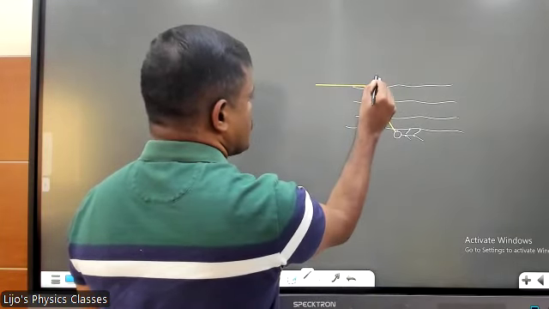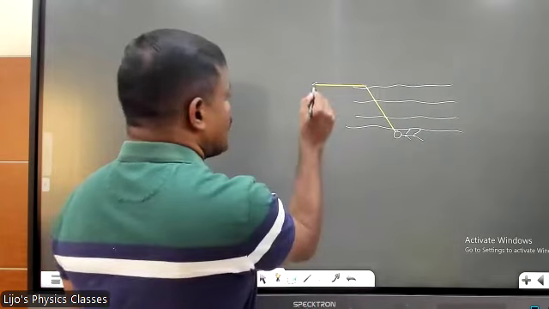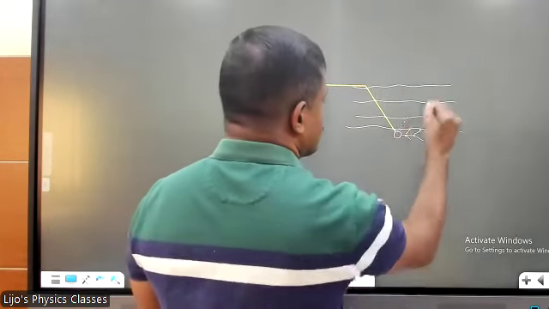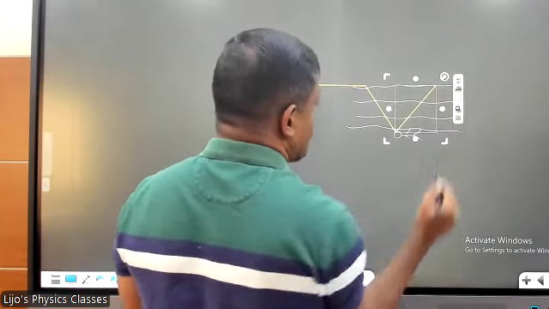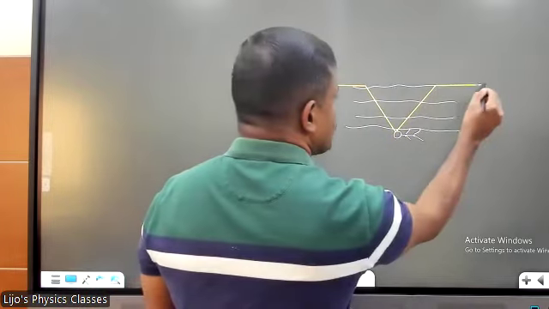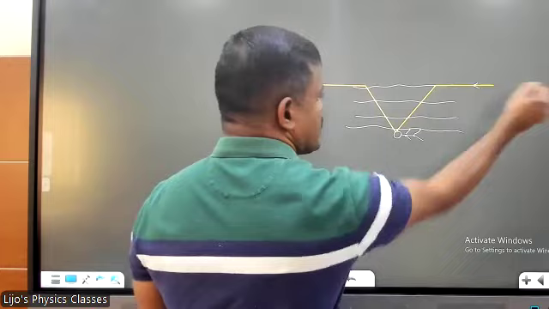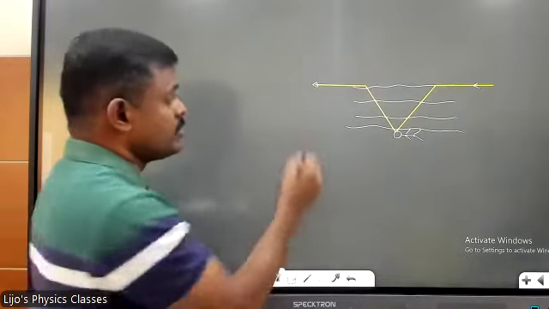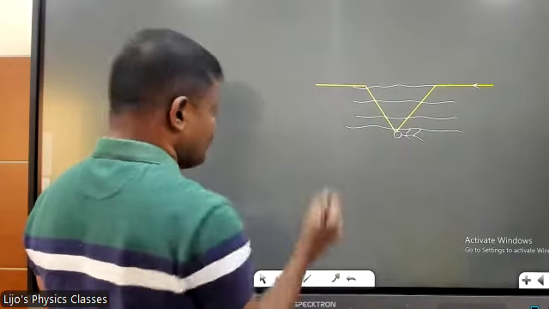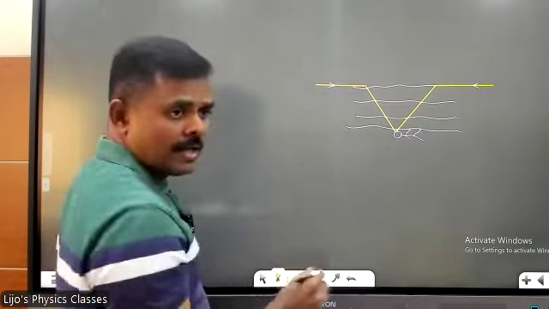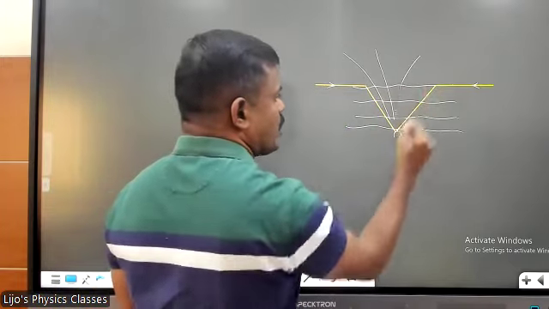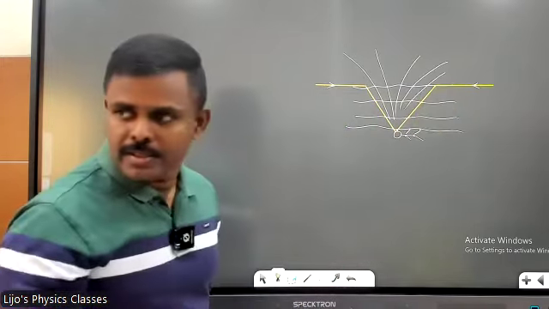And on the other side also, I can draw this. This time I should draw the arrow this way, the ray of light is coming in. That ray is coming from the horizon, and this ray is also coming from the horizon. And all the light can come through this cone.